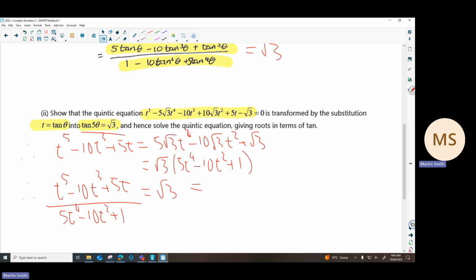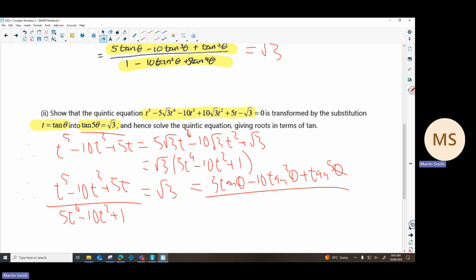But we're now going to replace t with tan theta. I'm going to change the order in which the terms are written on the top and the bottom. So the first term I'm going to write down is 5t, which is 5 tan theta. Minus 10t cubed is minus 10 tan cubed theta. Plus t to the 5 is tan 5 theta.